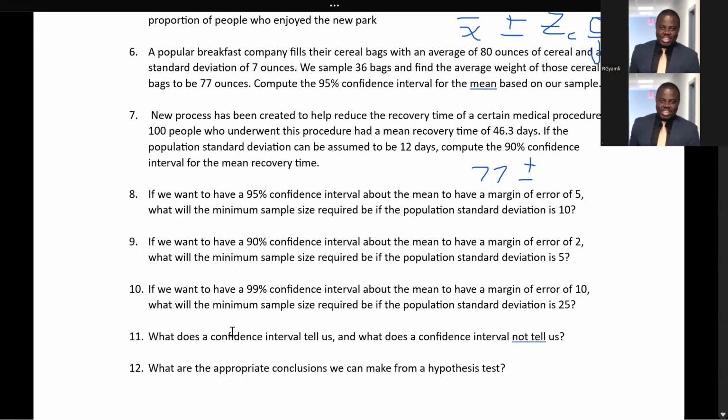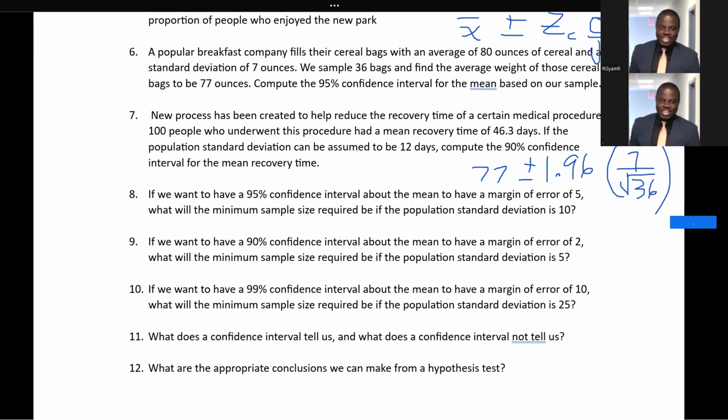In the other video, I showed you where to find it. You go to your Z table, and the little chart at the bottom left corner. Your Z for 95% is 1.96, times a standard deviation of 7 divided by the square root of 36.